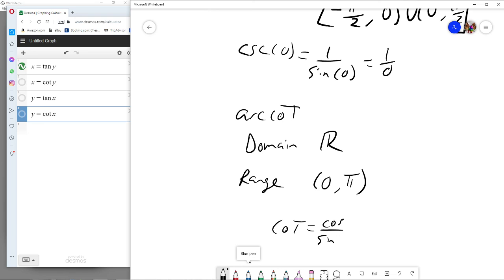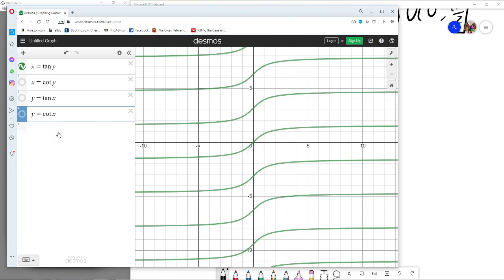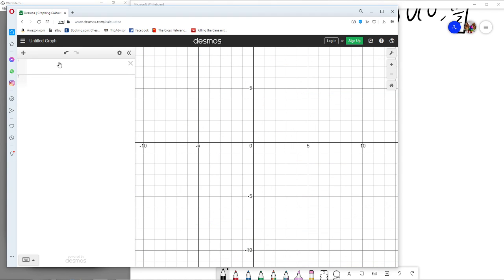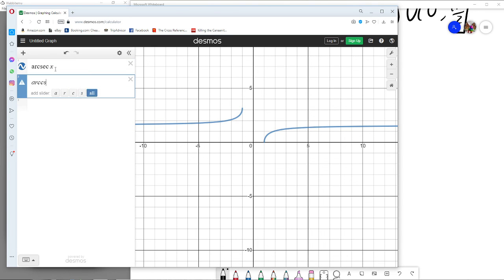So that's the three trig functions in brief. I'm not going to develop much more than that. It was just to show you what's going on in the grand scheme. If you want to dive into the nitty gritty, you can always make a table of values and see where those graphs come from. To put the final touch on this video, let's look at what arcsecant x looks like, and there's arccosecant x.